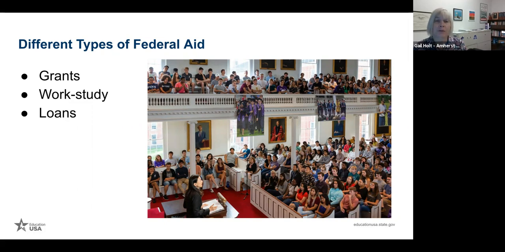The institutional funds are usually the largest part of what students are receiving to help fund their education. There are federal work study funds, and some institutions also have their own institutional funds, but from a federal perspective, federal work study is basically an allowance.